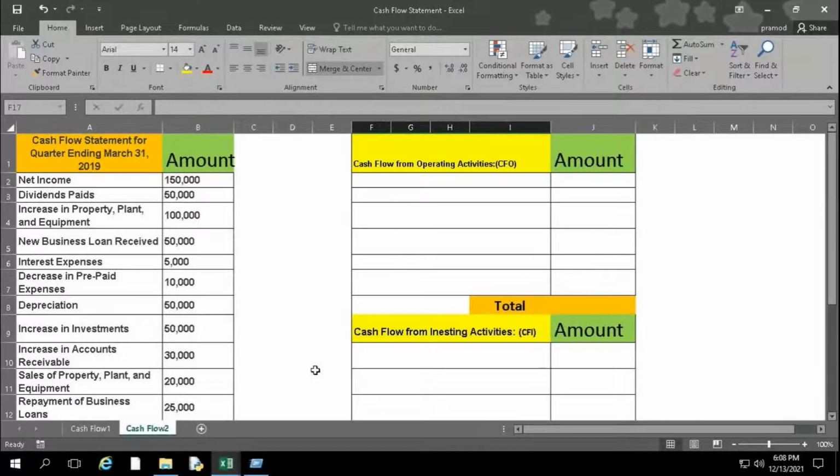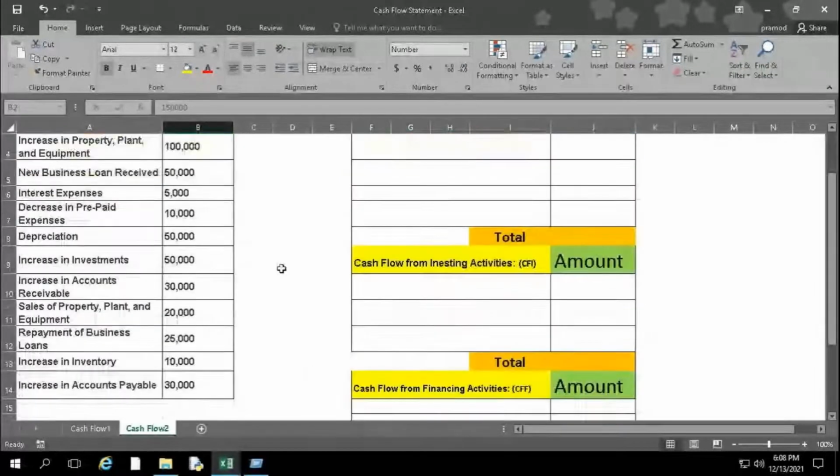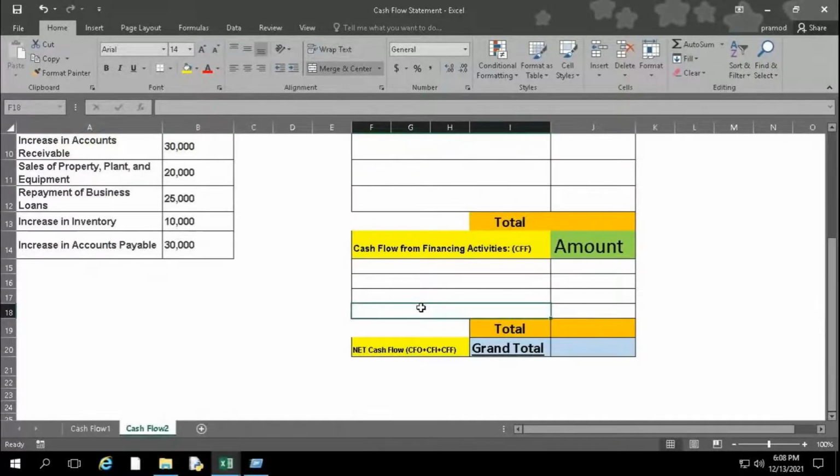CFI, no, sir, investing? No, that is net income. Financial net income should be in the CFF. Financial activities. Okay, sir. You will keep it as retained earnings, positive, only, sir. Positive, no, sir. Correct.